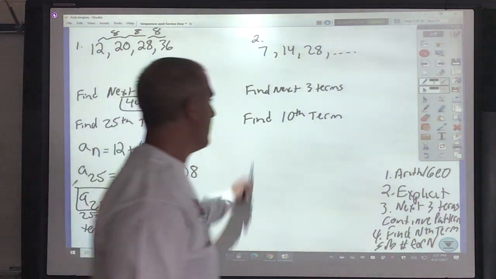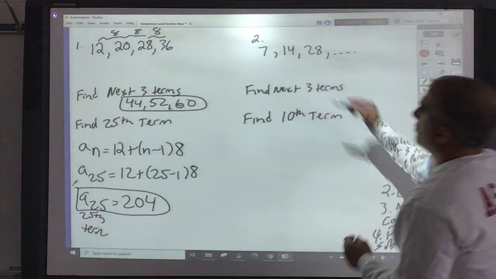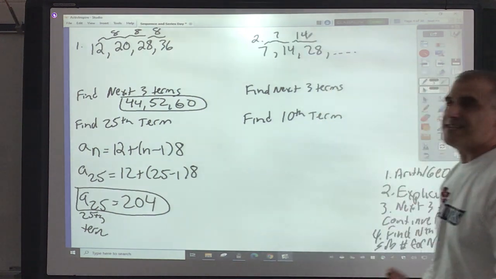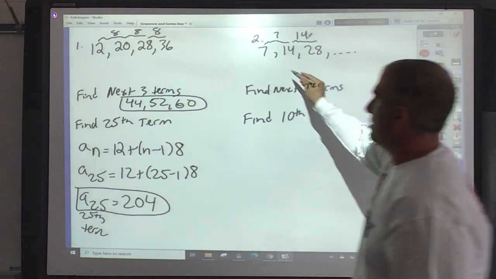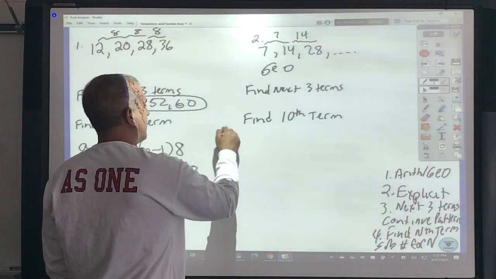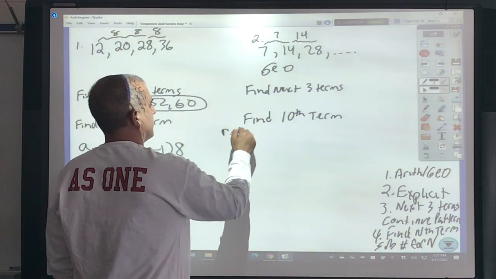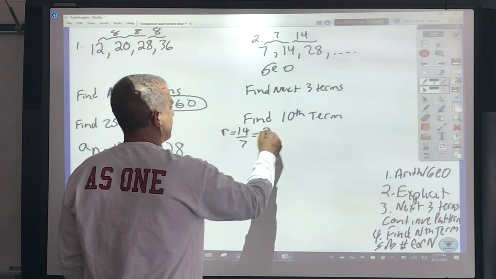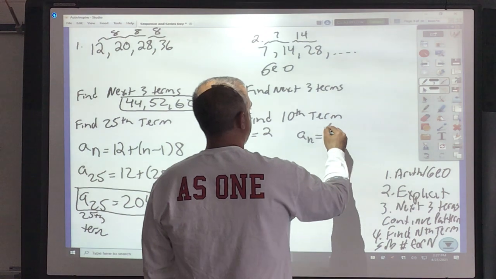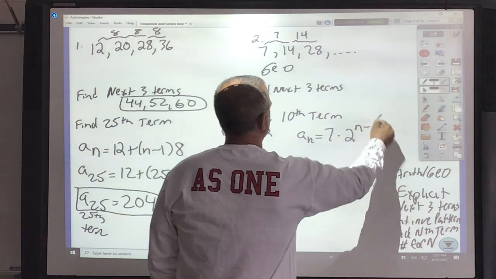All right, now let's look at this one. This would be 7. This would be 14. Obviously, that's not arithmetic. This would be geometric. So with geometric, I've got to find the r, which is the second divided by the first. 14 over 7 would be 2. So then my explicit formula would be 7 times 2 to the n minus 1.